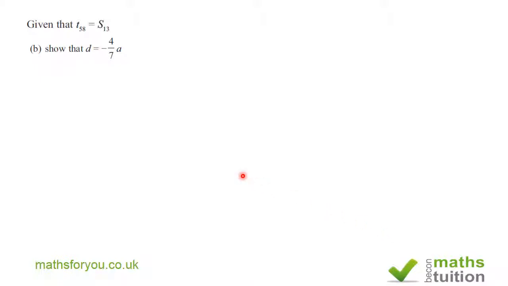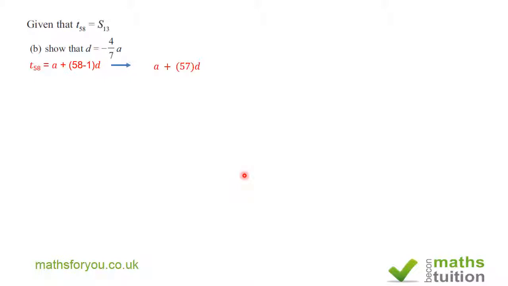Now what you do here is we already know from part A that t sub 58 is equal to a plus 58 minus 1 d, which is simplified to a plus 57d.